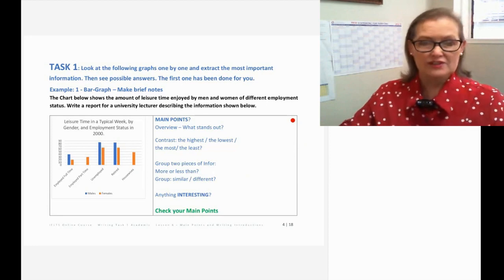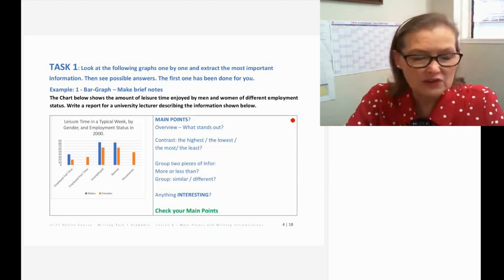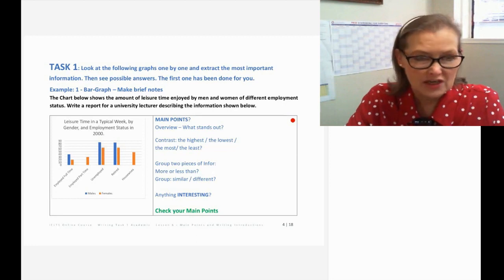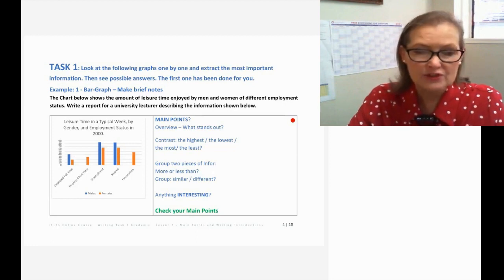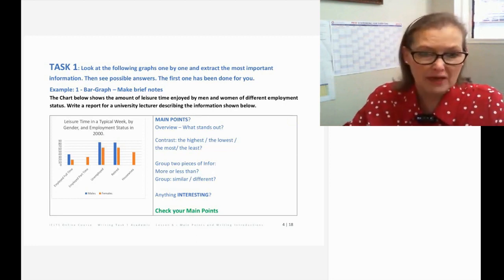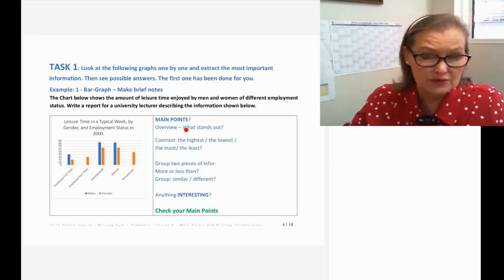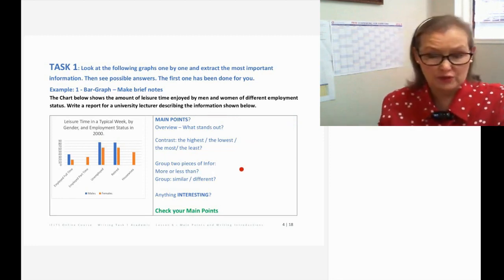So what I want you to do is have a look at this graph, read the instruction, and decide what you think the main points are, what you think stands out, what you find you can contrast, and what information you can group together.